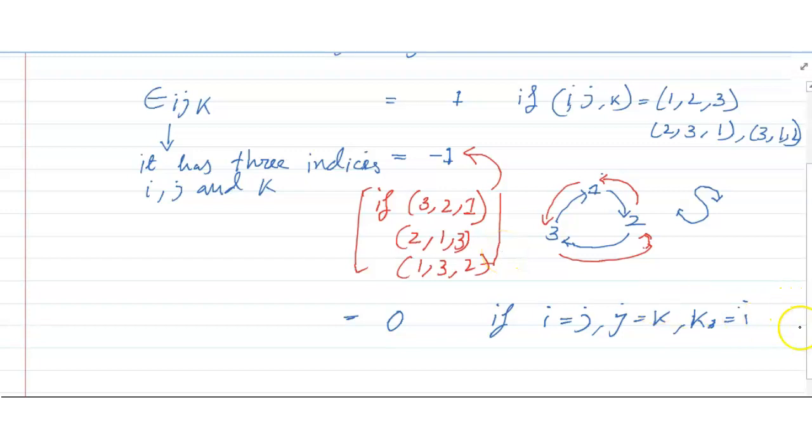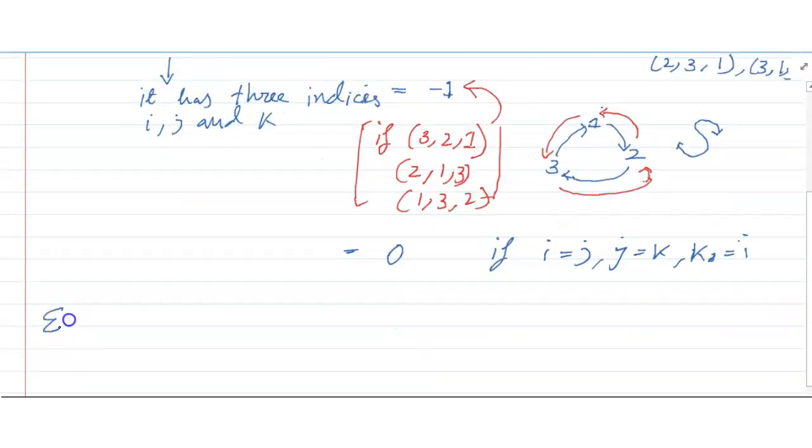Now we will discuss the Einstein summation convention. Repeated indices are summed over.